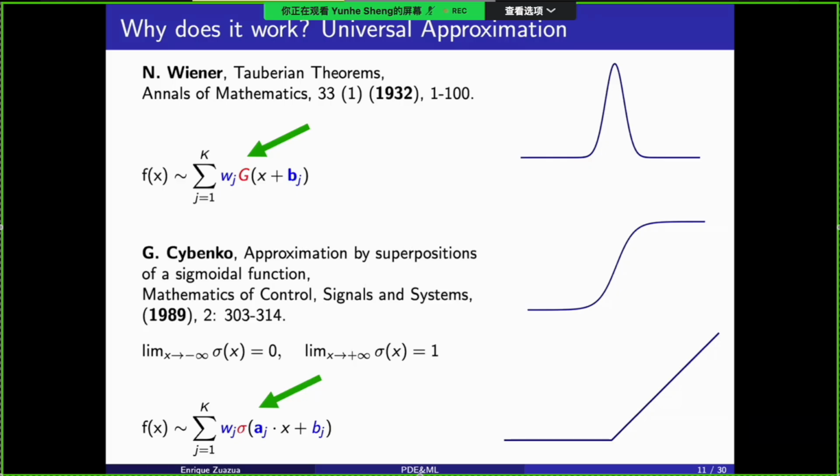Then, if you let me translate the center of gravity of the G to different locations, and then you let me choose the amplitude of each of these Gaussian contributions, this linear combination constitutes a dense set of functions. So in particular, you take a general function f of x, you can approximate it by a function like this.